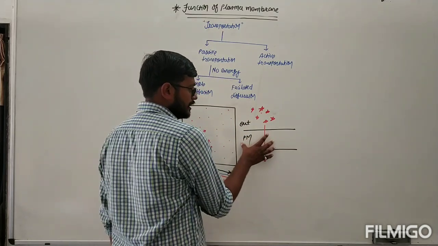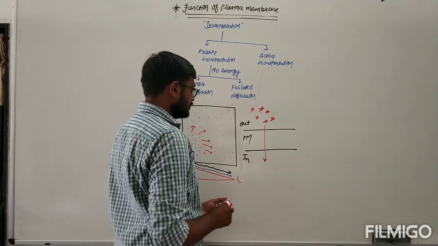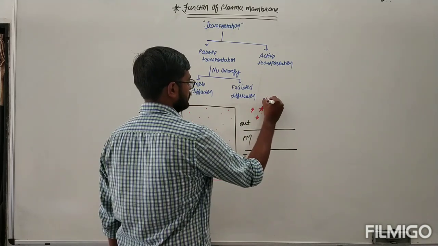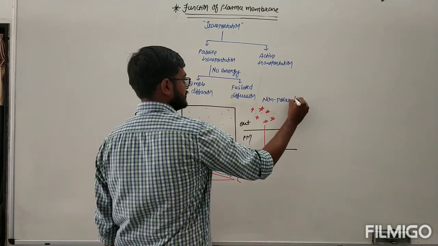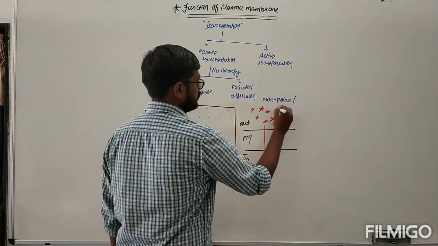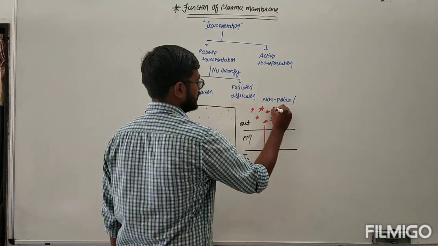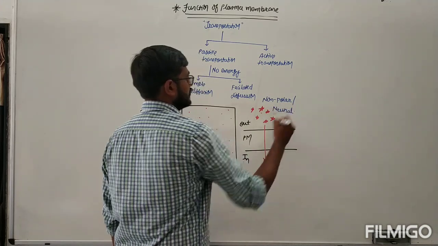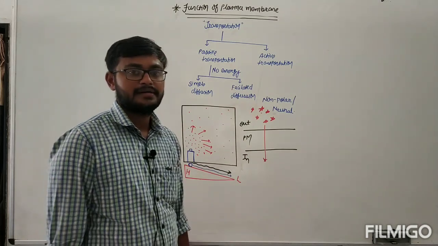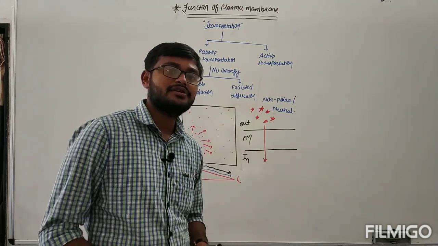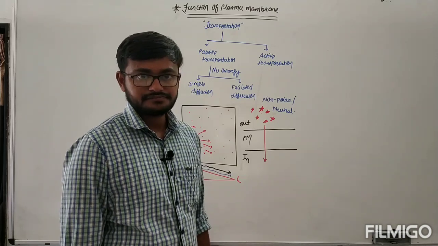It only allows the movement of which substance? The substances which are non-polar in nature and substances which have no charge, or which bear neutrality. So neutral and non-polar molecules can only pass through it. Charged and polar molecules are not able to pass through it.